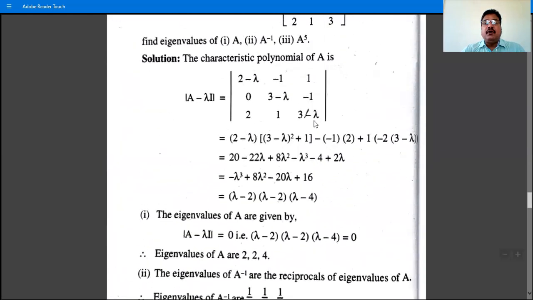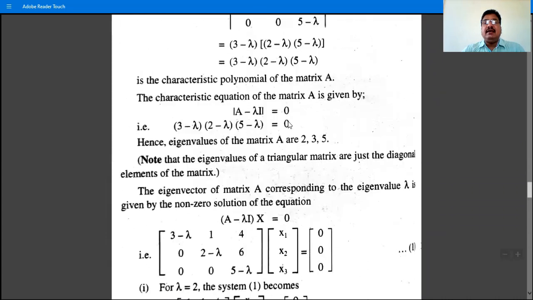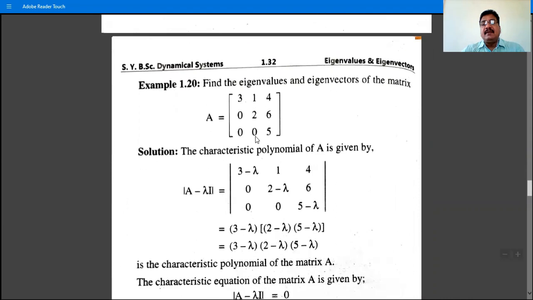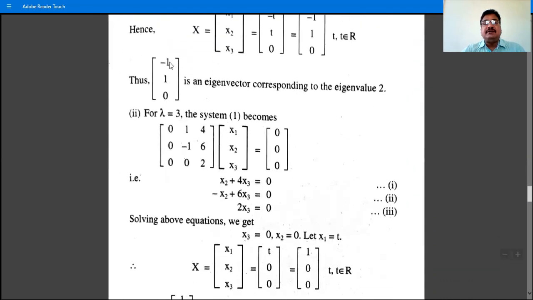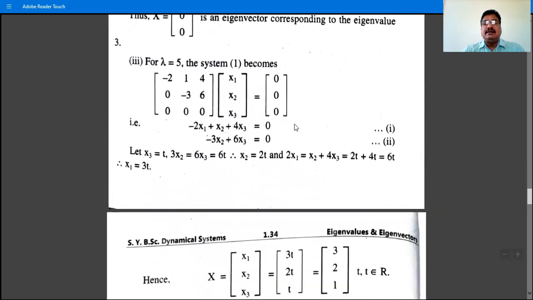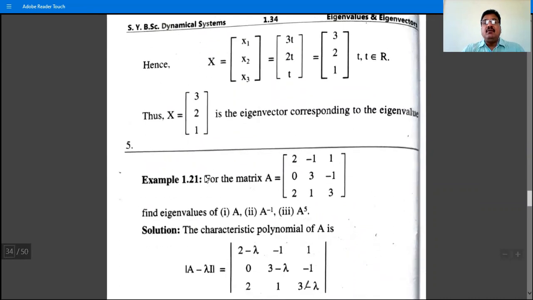So for this example, what is P? This matrix A is a diagonalizable matrix. P is the matrix whose first column is 1 1 0, the second column is 1 0 0, and the third column is 3 2 1. This is capital P. And what is P inverse AP?